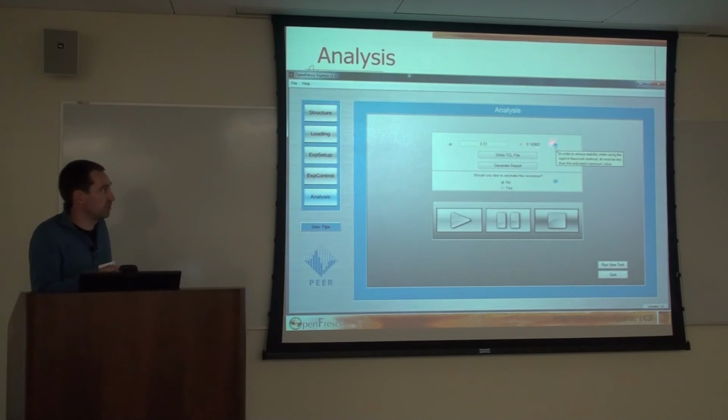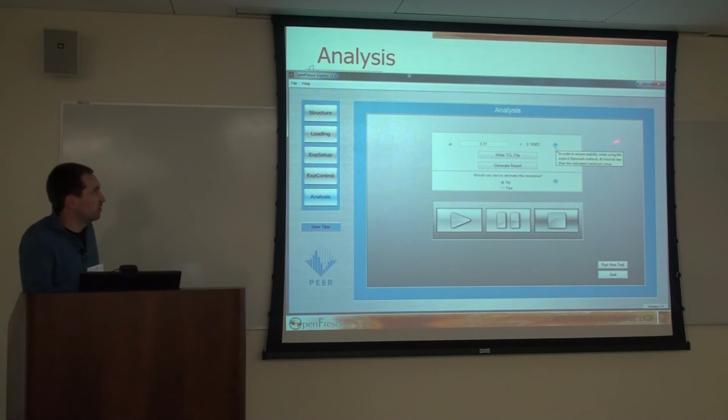And as you remember from Salim's talk, the explicit Newmark method is actually conditionally stable, so we need to satisfy that, and so it immediately calculates that for you from the modes that you have for your structure on the first page, and it tells you, okay, my integration time step size needs to be smaller than that limit there.